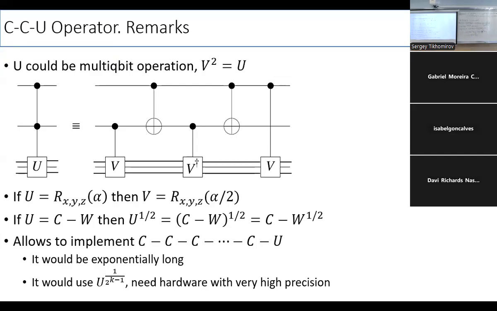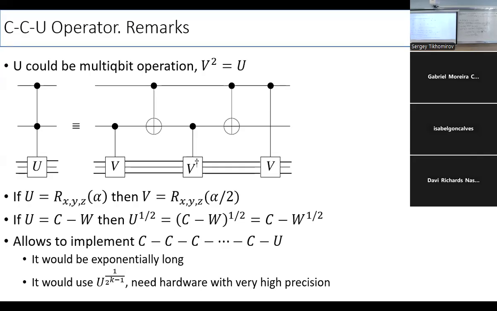The second thing is how to calculate the square root of an operator, which I didn't tell before. But there are 2 important cases when it is clear how to do it. The first case is if U was a rotation, then the square root of a rotation is a rotation by half the angle. That's an easy example. The second case corresponds to multi-qubit operations.